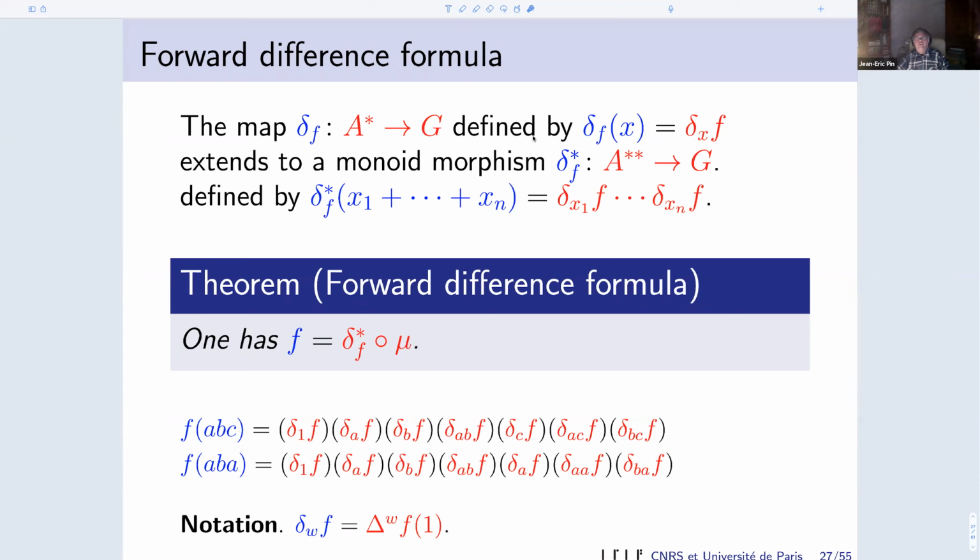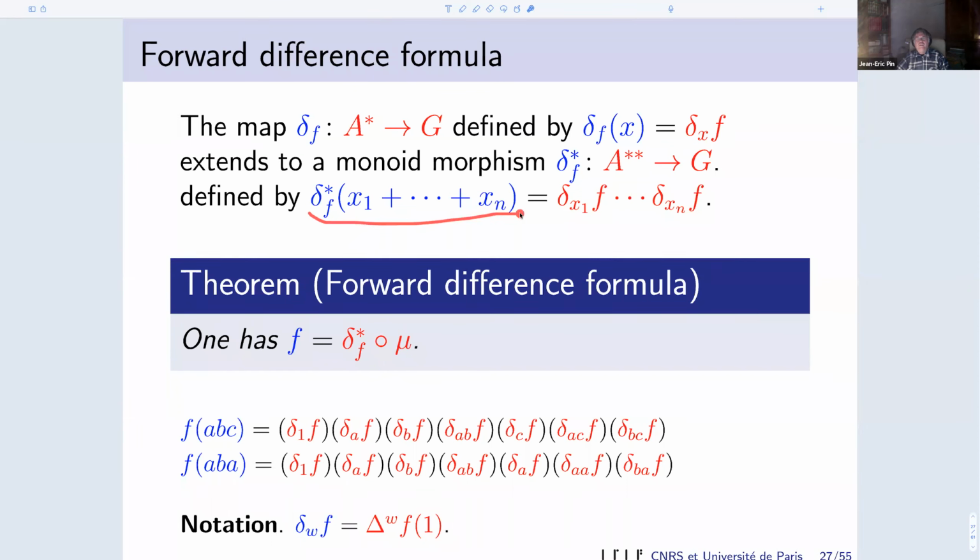And this map can be extended in a unique way to a monoid morphism from A star star to G, because A star star is a free monoid over A star, so if you know the image of the letters, which are the elements of A star, you can define in a unique way a monoid morphism.